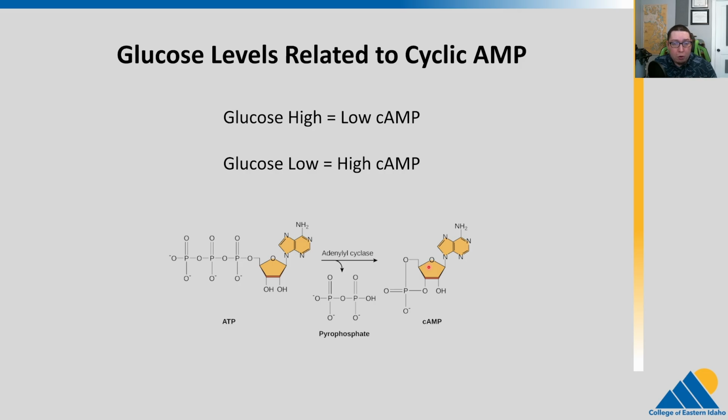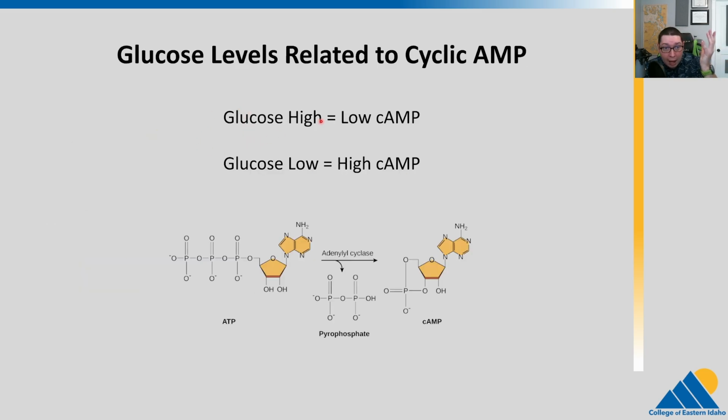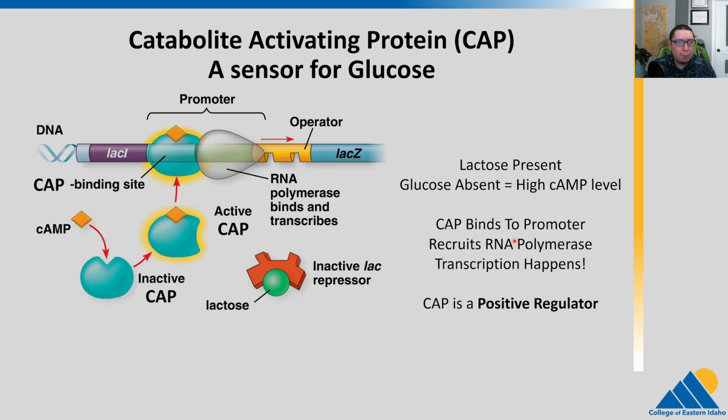Well, there is a protein that's going to sense the level of cyclic AMP. This is called the catabolite activating protein, or the CAP. It's effectively a sensor for glucose, but it senses glucose through the level of cyclic AMP. Okay, pause your brain, think about that, right? Remember this. When glucose is high, there's low cyclic AMP. When glucose is low, there's high cyclic AMP, so they're inverse.